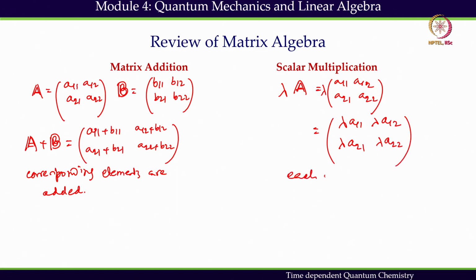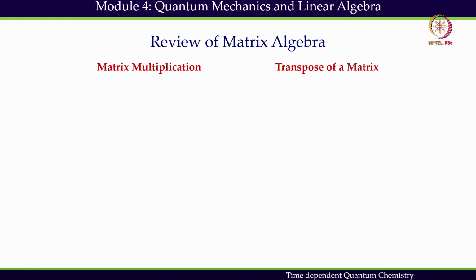Each element is multiplied. Matrix multiplication and scalar multiplication are two concepts we have to distinguish. Previously we showed scalar multiplication; here we will show matrix multiplication. I again have two matrices, a simple 2 by 2 case, because that will give us a direct visualization of what might happen.